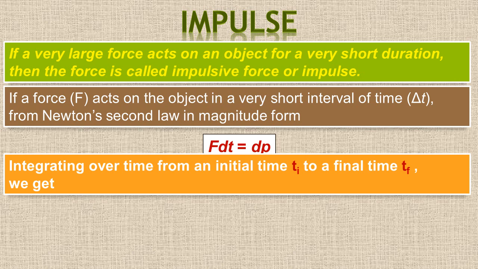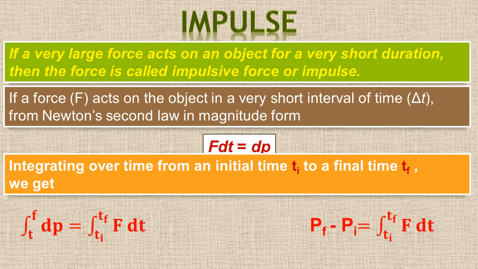Integrating over time from an initial time ti to the final time tf, we get the integral of dp is equal to the integral from ti to tf of F dt. Therefore, pf minus pi is equal to the integral from ti to tf of F dt.